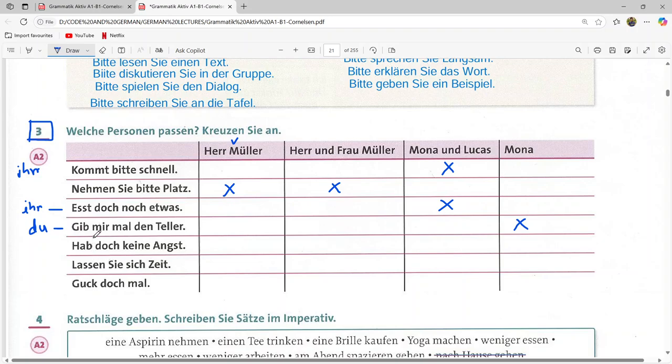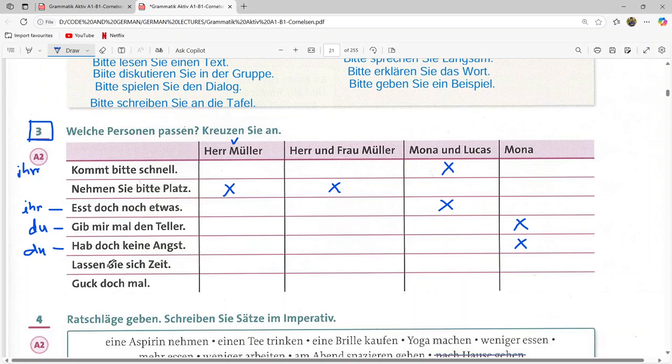Next one. Hab doch keine Angst. Okay, like you have no fear. Okay, so is this sentence in the Sie form? No, this sentence is also in the du form, and du can be used with Mona. Okay, lassen Sie sich Zeit.